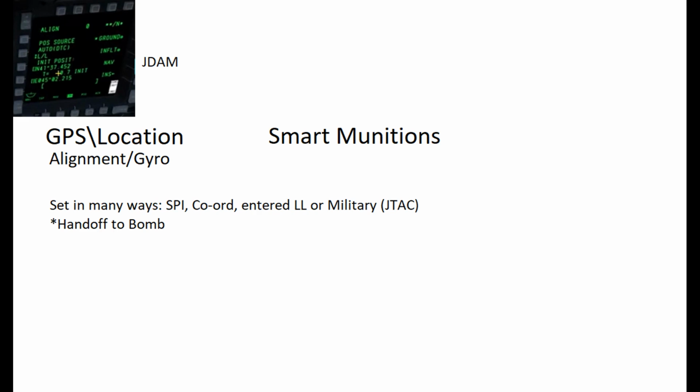You'll need to be aware of that, and we'll get some practice in later, but this is really just an overview of how some of these weapons are deployed. This is basically the GPS. It's fairly simple. You give it a coordinate, it knows where to go, as long as you're aligned correctly with your aircraft and the information has been handed off to the munition so it knows where it's going.